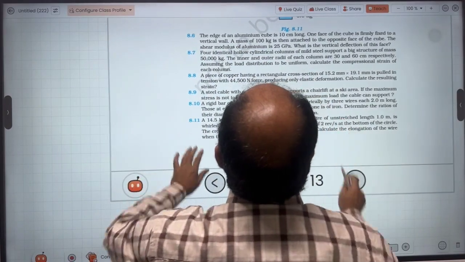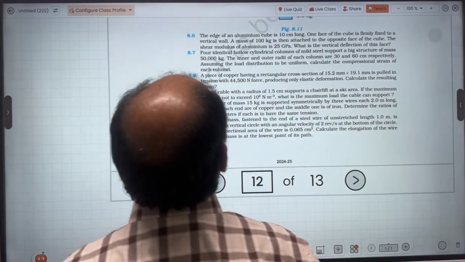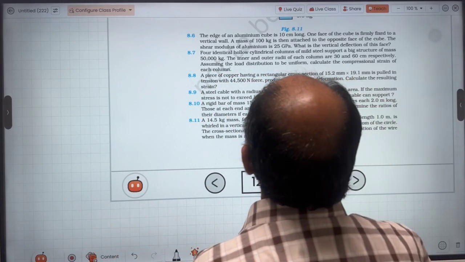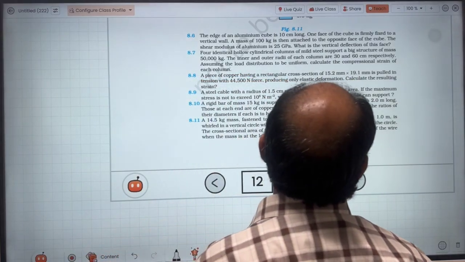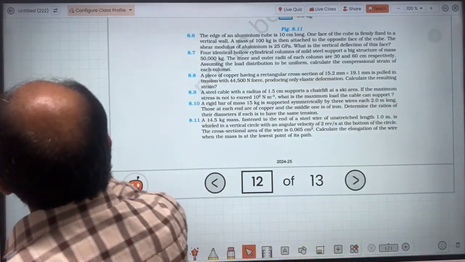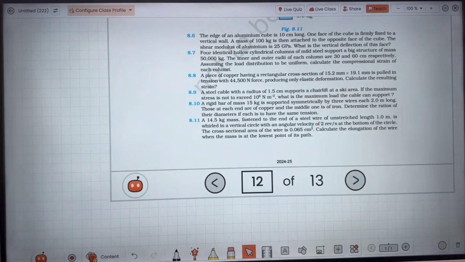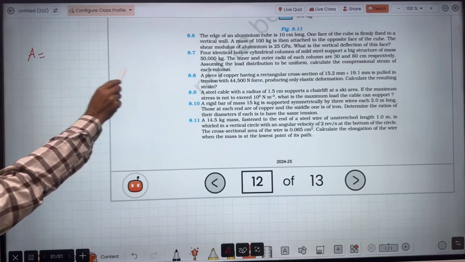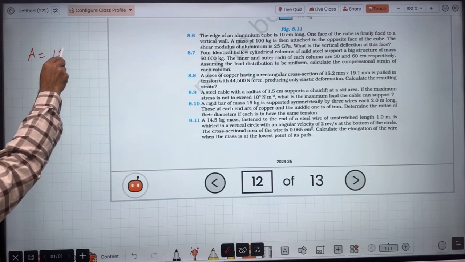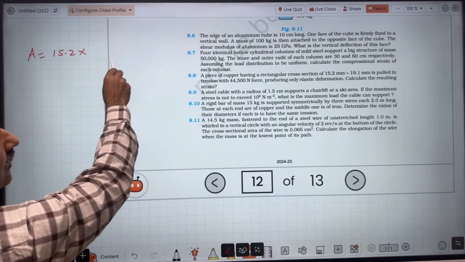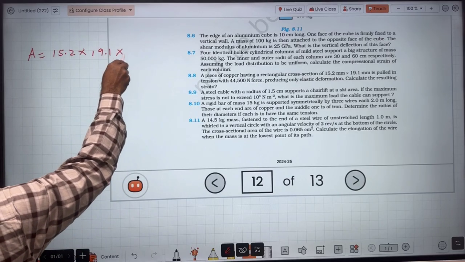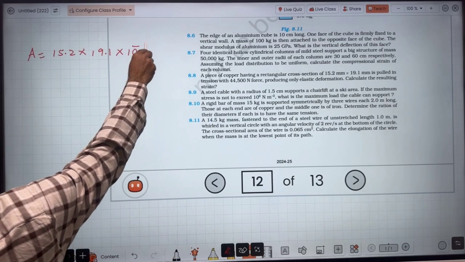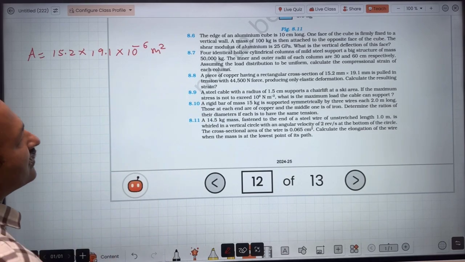Now, the next question is: a piece of copper having a rectangular cross section of this much is pulled in tension with this much force, producing only elastic deformation. Calculate the resulting strain. The question has information. Area you can find: it is 15.2 multiplied by 19.1 into 10 to the power minus 6 meter square, since millimeter into millimeter is millimeter square.